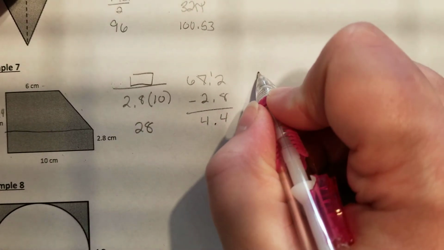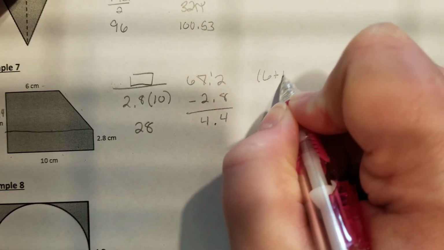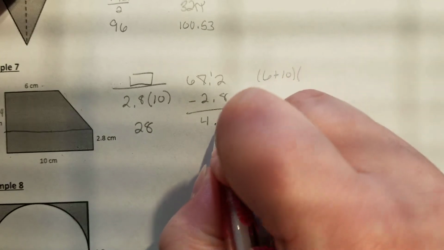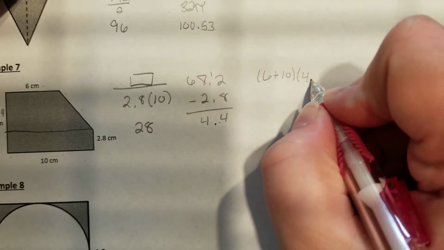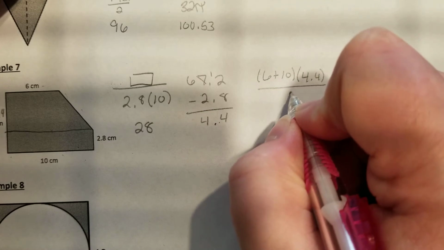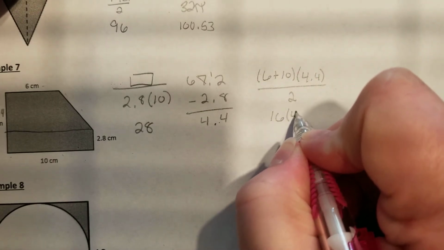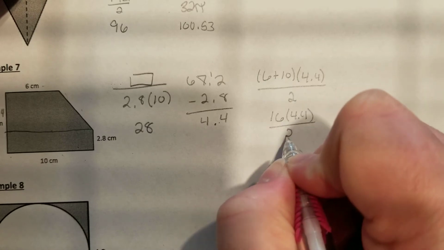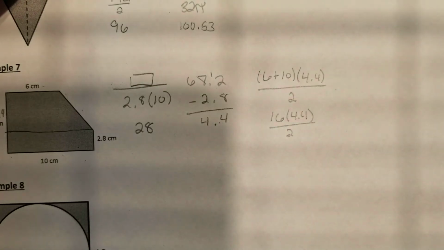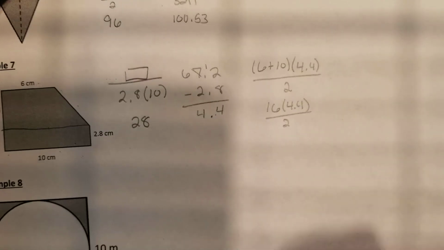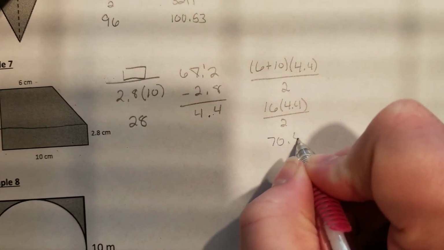So our first base, so we have 6 plus 10 times that 4.4 we just found as the height, all divided by 2. So you have 16 times 4.4 divided by 2. 16 times 4.4 is 70.4.